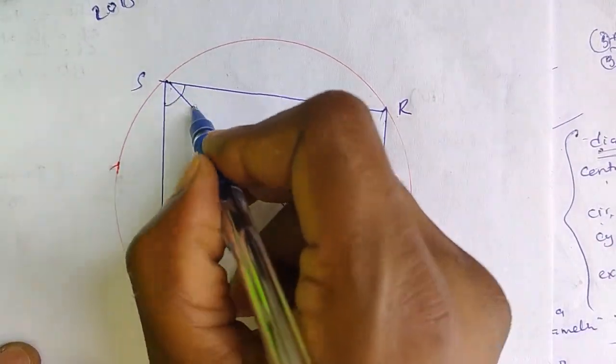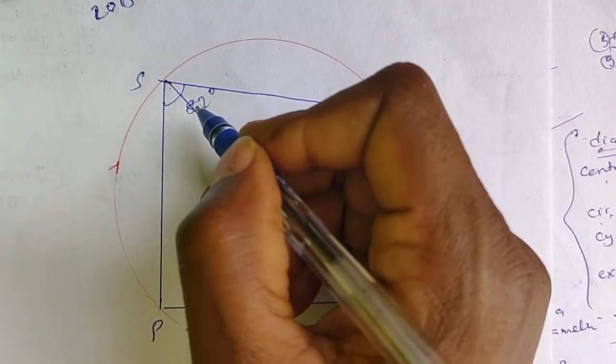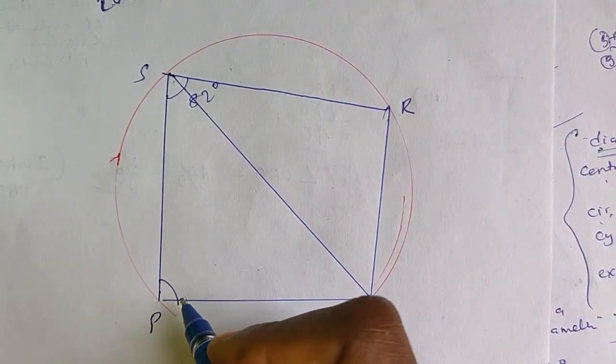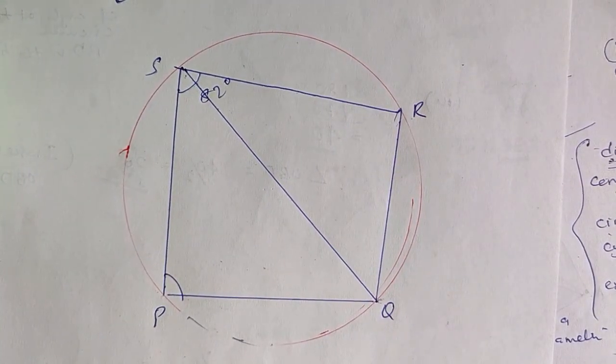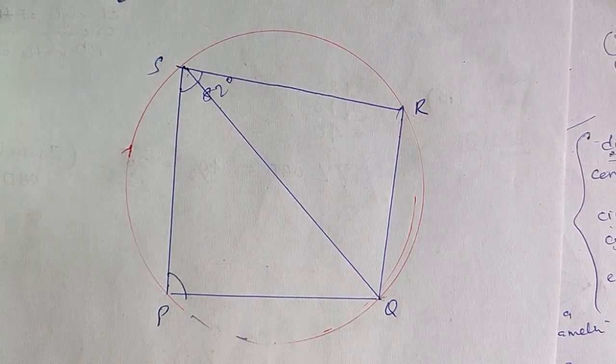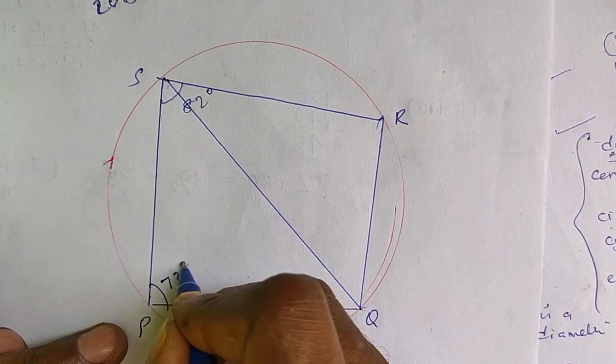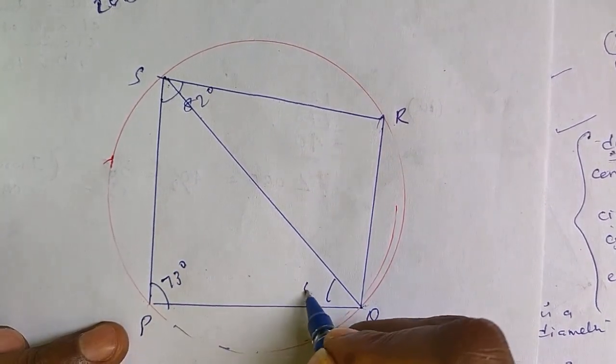In that, this total is 82 degree. Here this one is 73 degree. This is 55 degree.